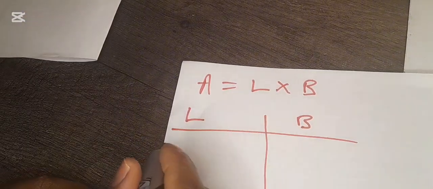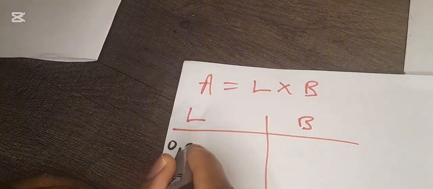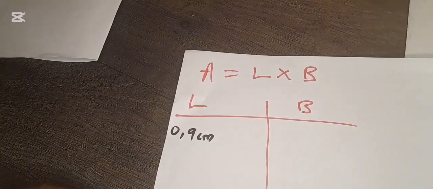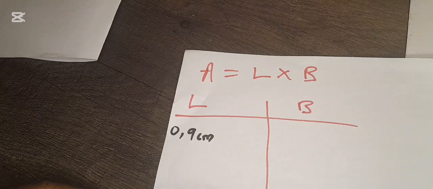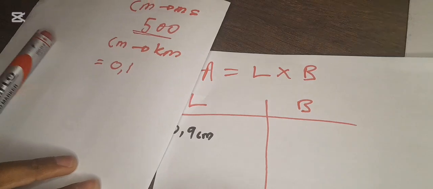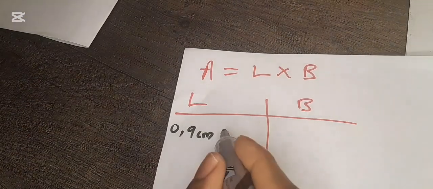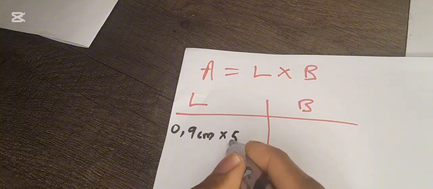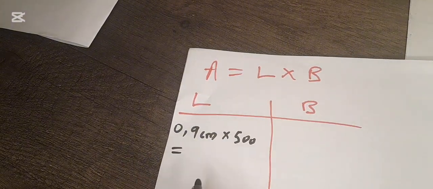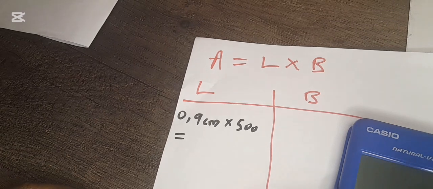They said to us that the length is 0.9 centimeter. Remember, we want our final answer to be in meters. How much are we using? We are using 500. It means now we must multiply the 0.9 centimeter by 500.